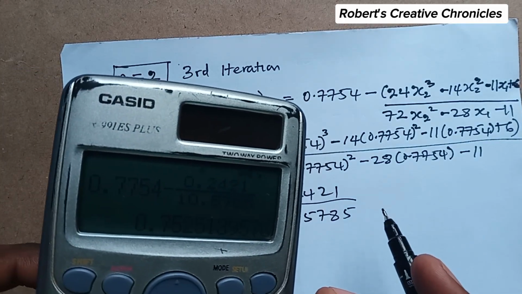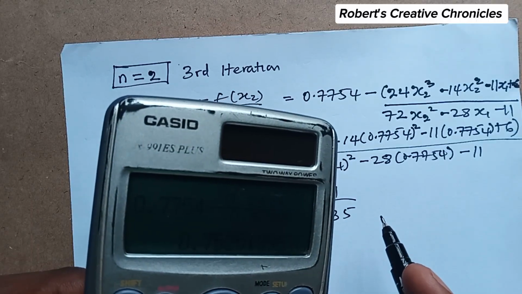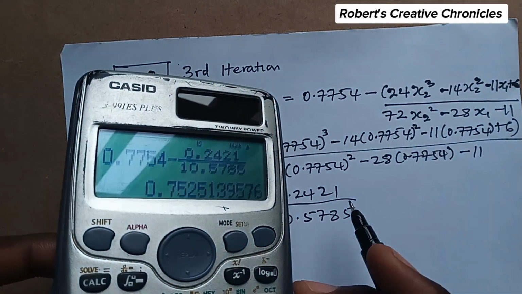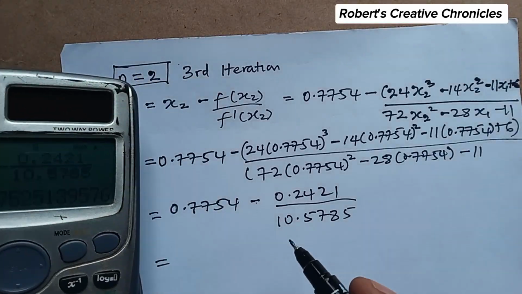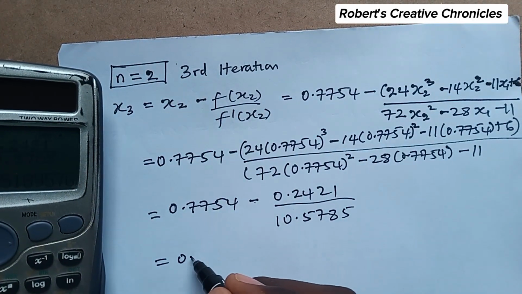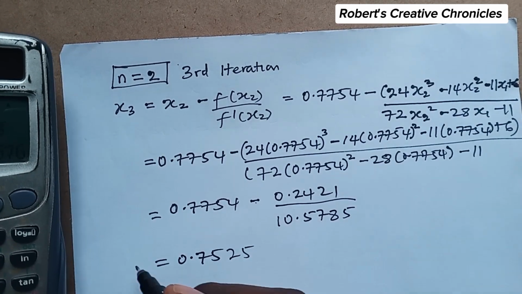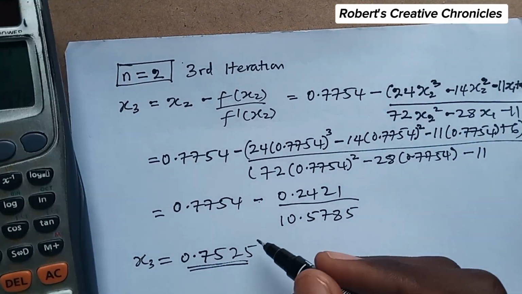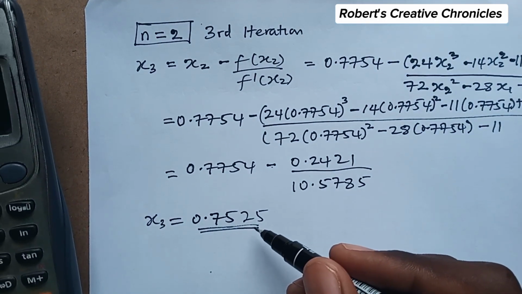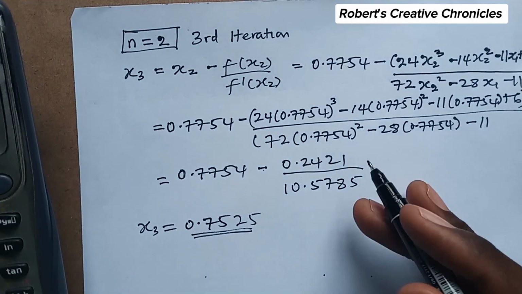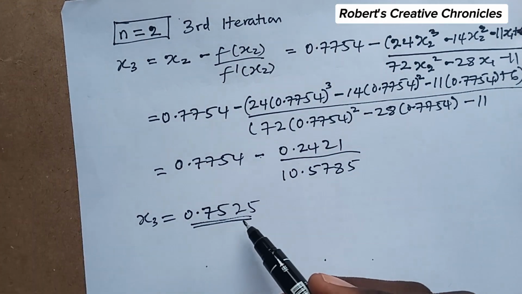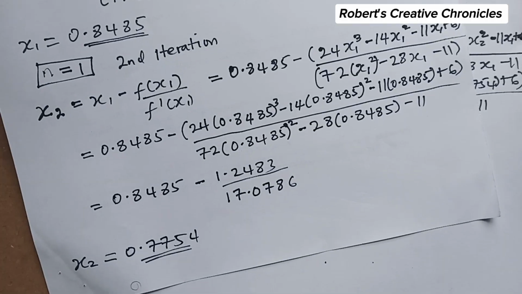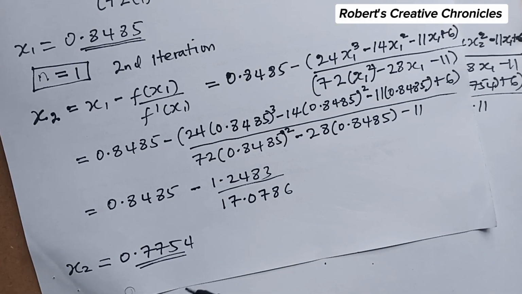So the answer is approximately 0.7525. These are the answers for our third iteration. Since this one is not the same as the last iteration, we keep doing it until we find a value that repeats itself.